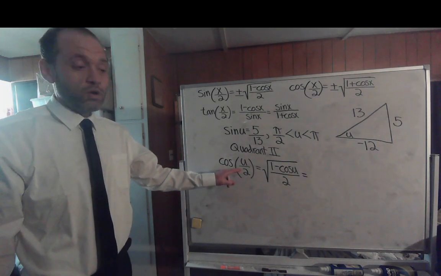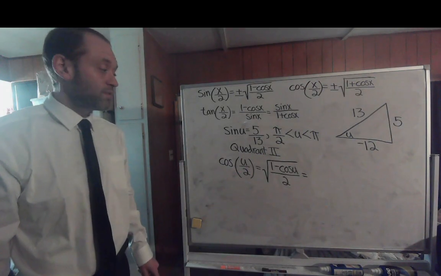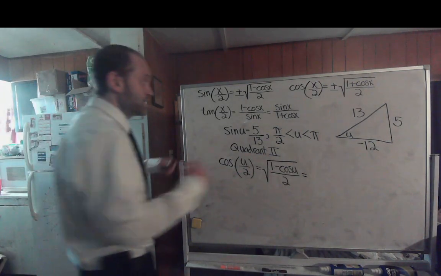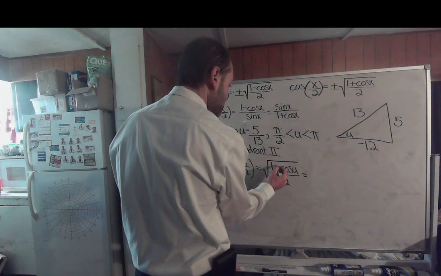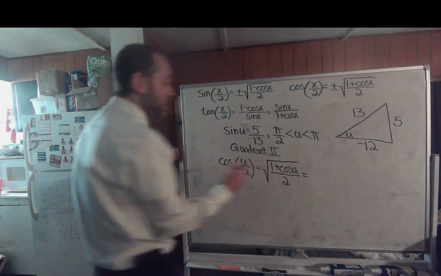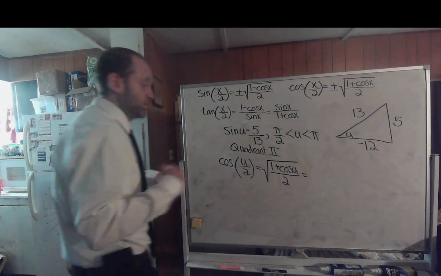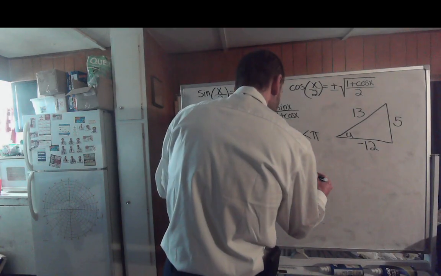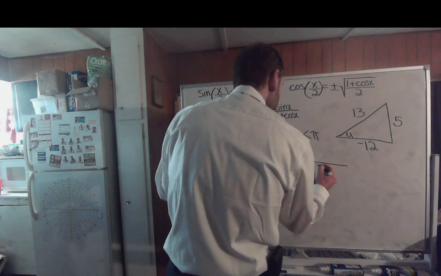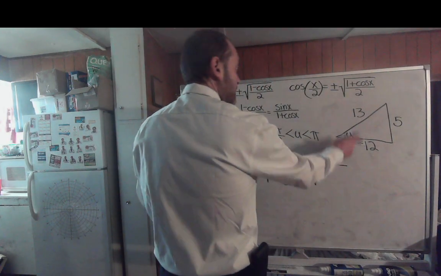So that means u over 2 itself is located in the first quadrant, so we would take the positive square root for our formula. This time it would be the positive square root of 1 plus the cosine of u, over 2.